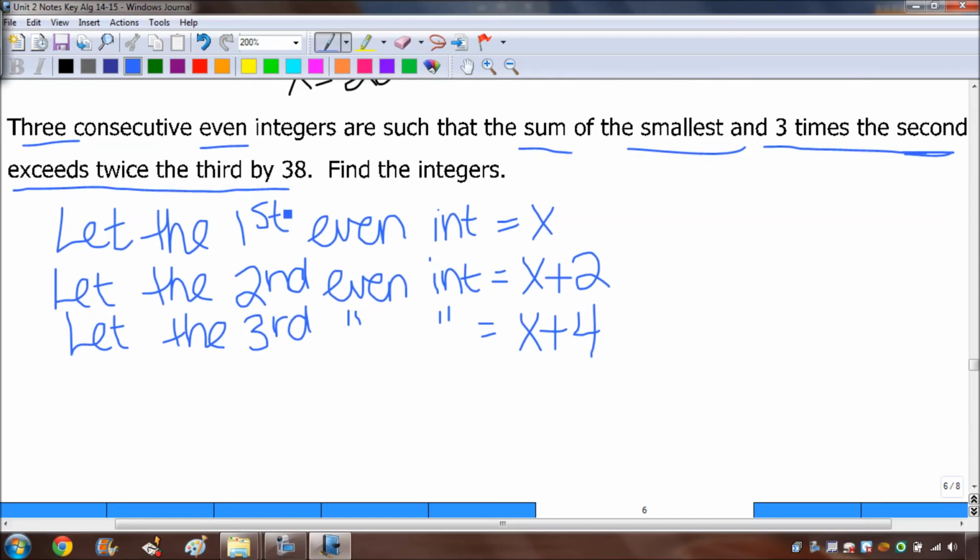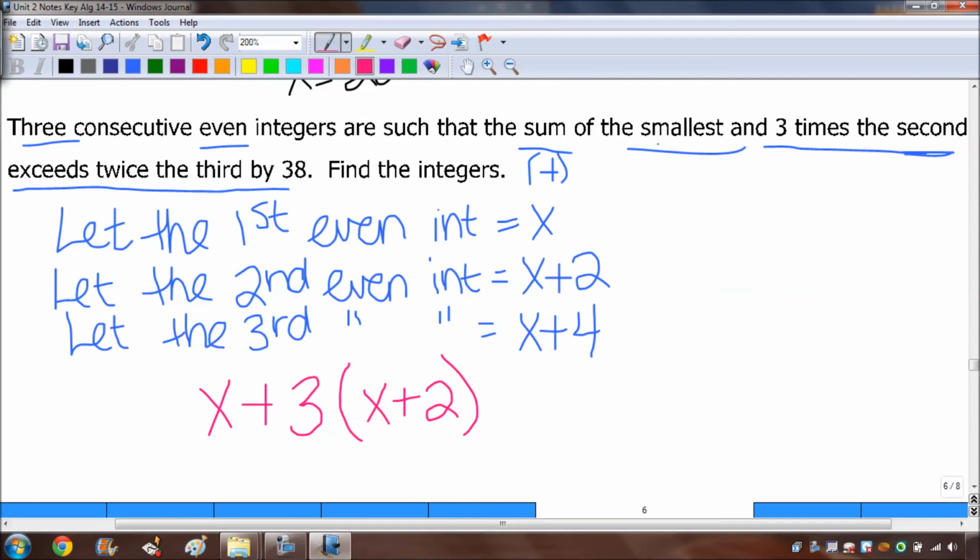So now I'm going to write my equation. 3 consecutive even integers are such that the sum, which means to add, of the smallest, so I'm going to start by taking the smallest number, and I'm going to add 3 times the second, so I'm going to take the second number, and I'm going to multiply it by 3, but if it's 3 times the second, it's the entire expression. I must have parentheses around the x plus 2, okay?